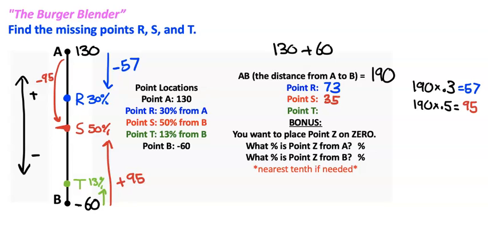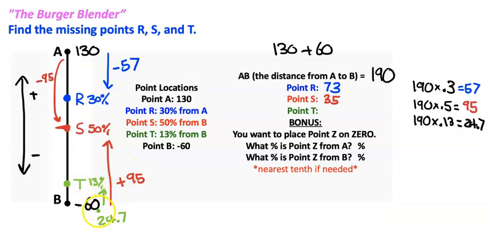All right, let's move on to the last one here. Point T is 13% from B. So 190 times 0.13 is 24.7. Ooh, I should have changed that to green. I'm sorry. I'll do it over here. So we got to go up by 24.7.